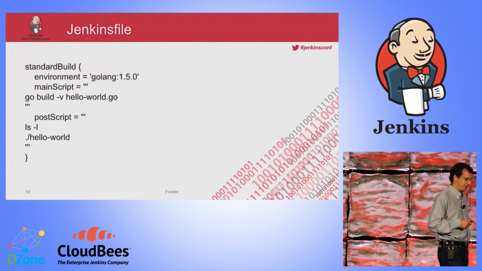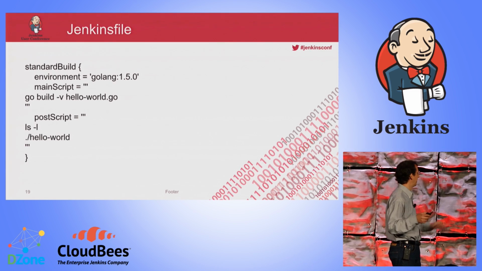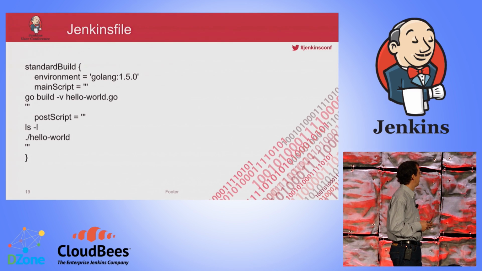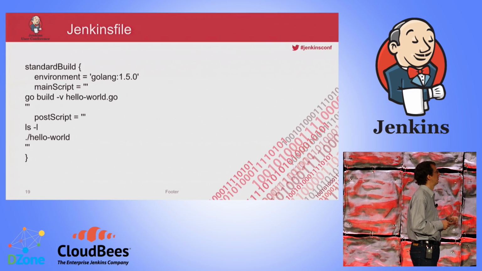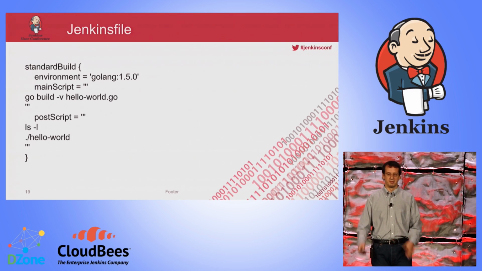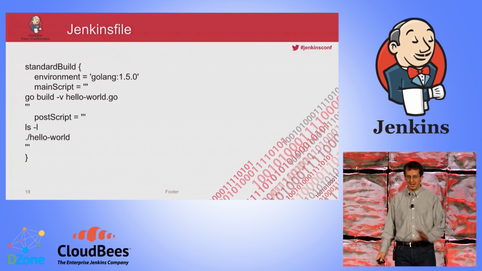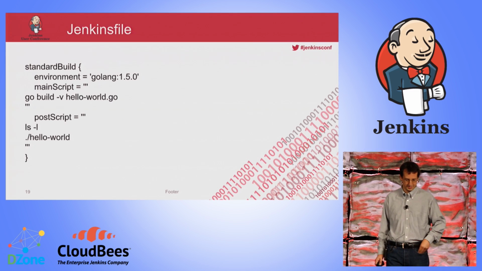I unfortunately wasn't able to do a live demo here today because of the setup, but here's an example of what a Jenkinsfile might look like if you have one of these environments with a standardized project template.